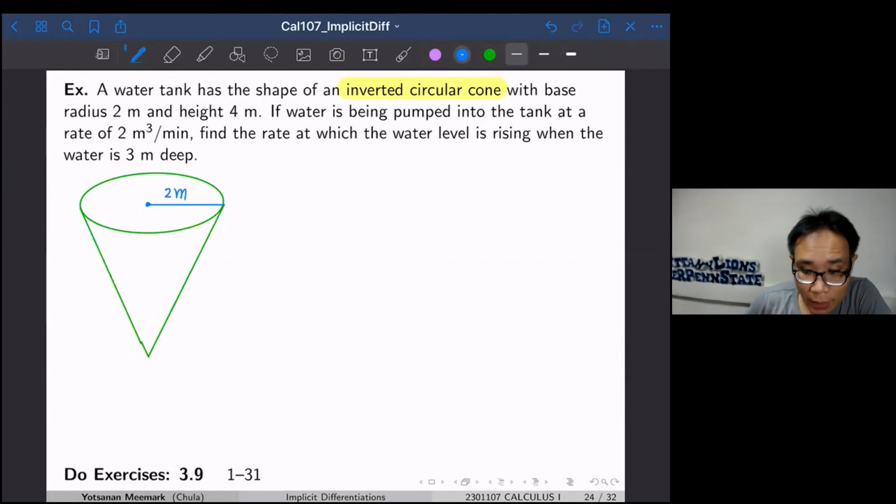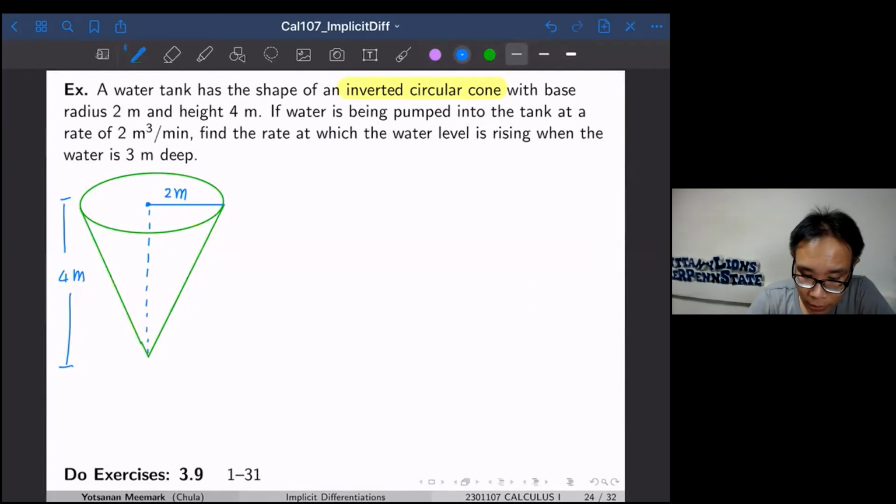And the height of the cone is 4 meters. This is what we are having.